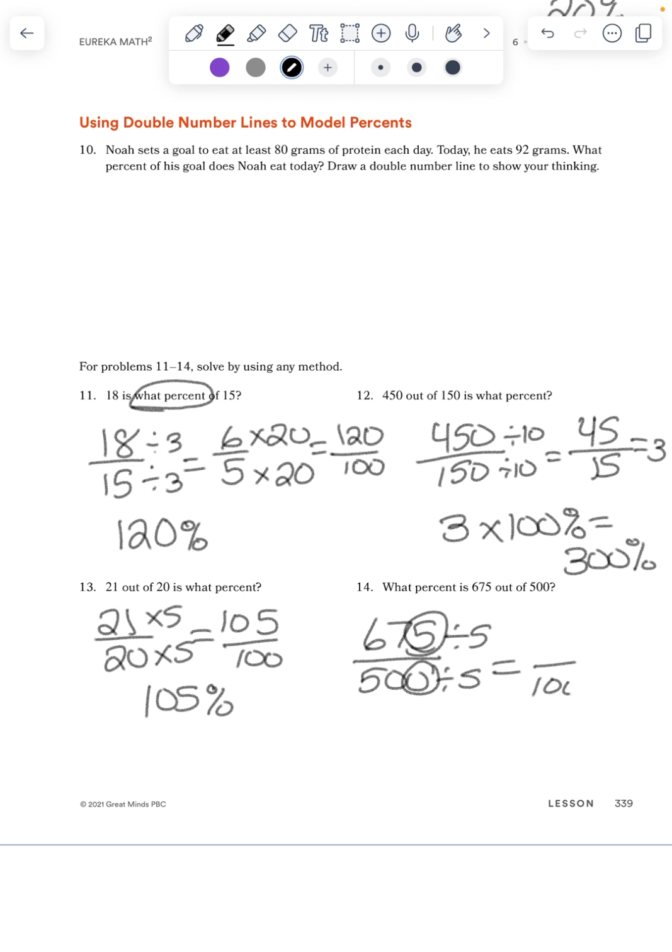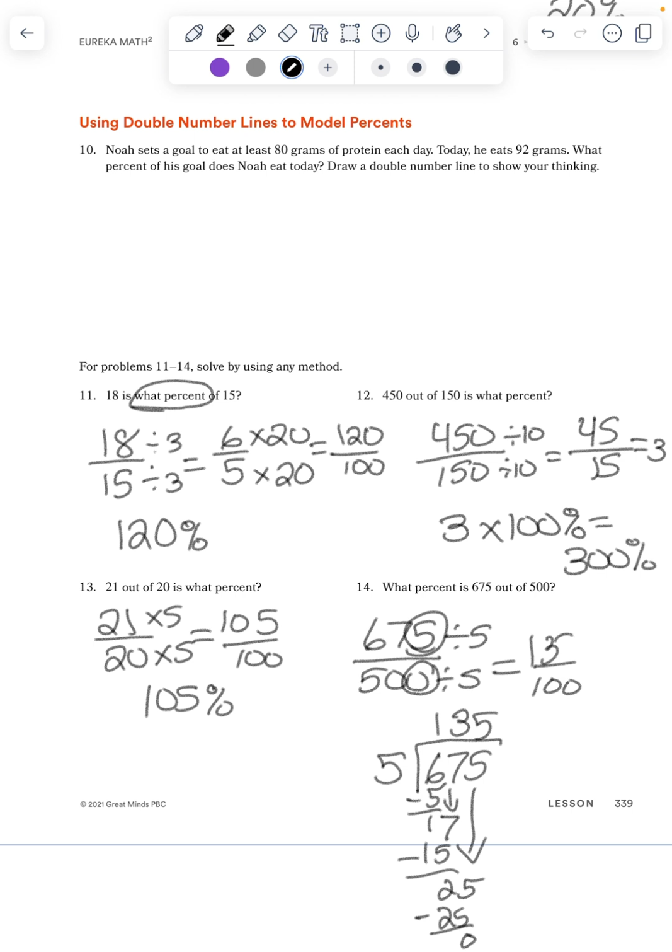And I end up with 100 and 675 divided by 5. 5 goes into 6 one time. Subtract, bring down. 5 goes into 17 3 times. 3 times 5 is 15. Subtract, bring down. 5 goes into 25 5 times. And you are done. So your answer is 135 out of 100, which is 135%.